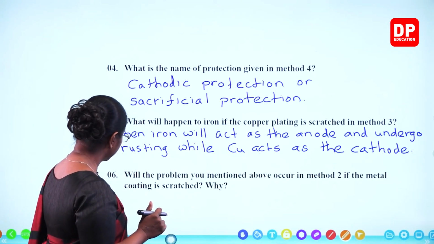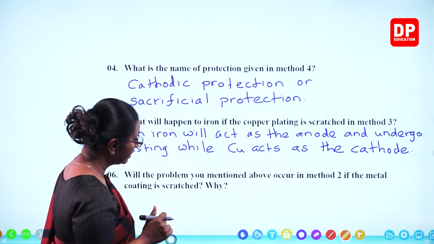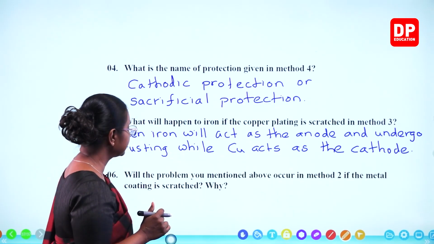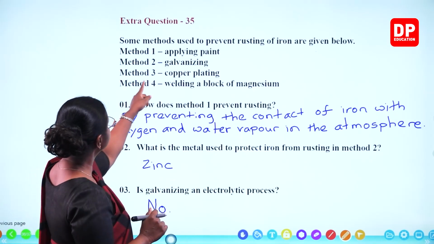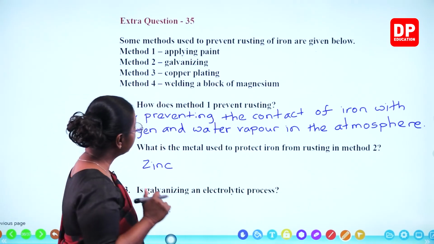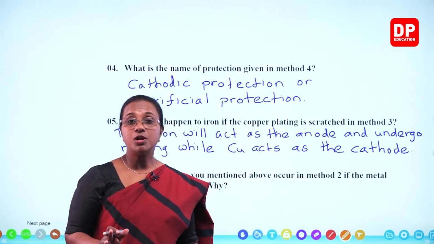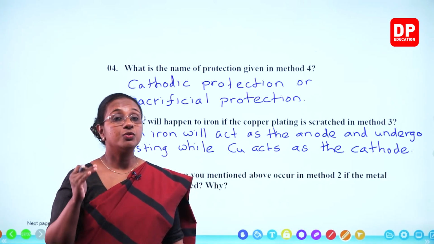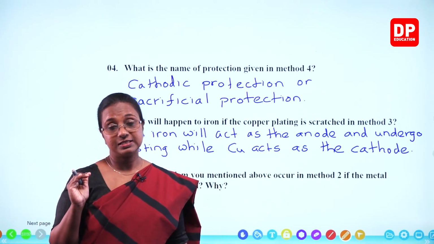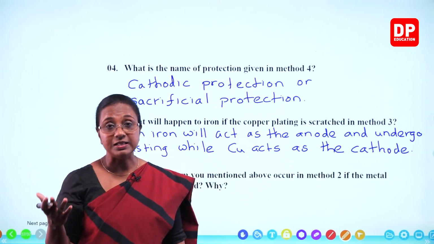Then the last question. Will the problem you mentioned above occur in method 2 if the metal coating is scratched? Why? Now, if you can remember, method 2 is galvanizing. There we use zinc. So, what happens there? Now, you all know zinc is above iron in the activity series. So, even if the coating is scratched, zinc will act as the anode, iron will be the cathode.